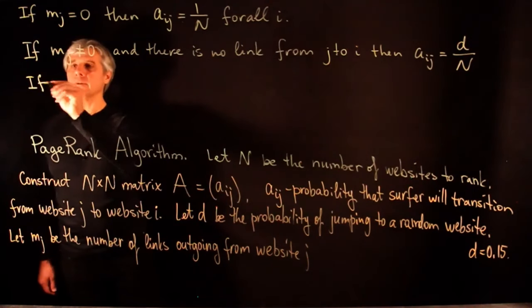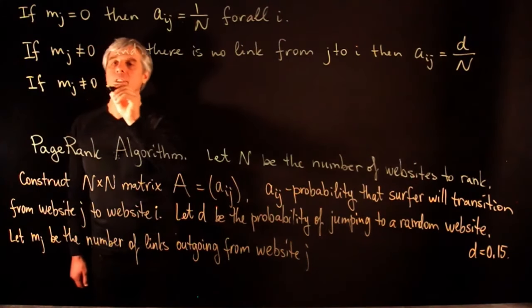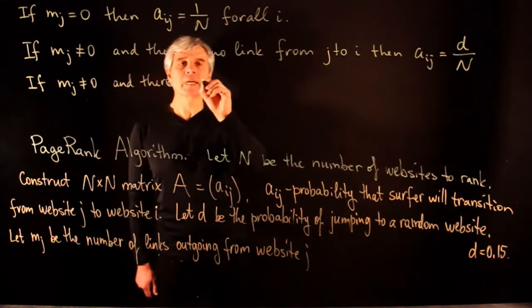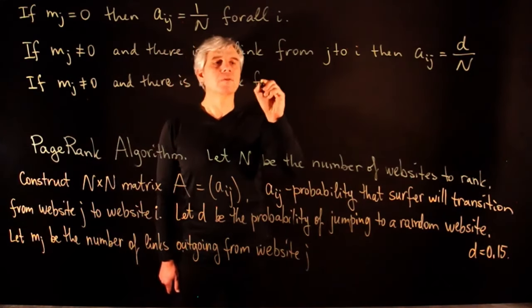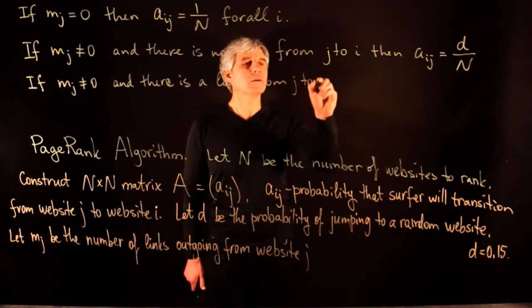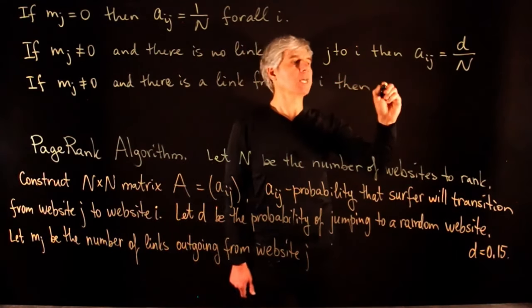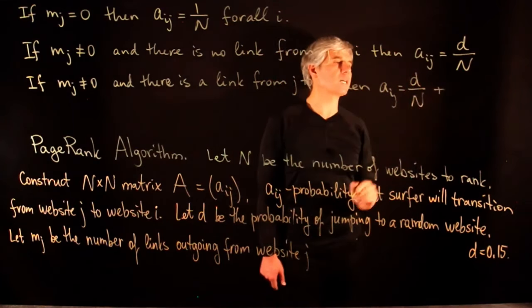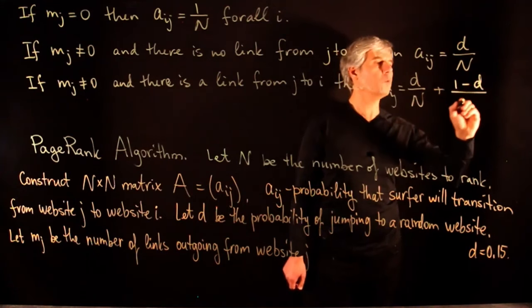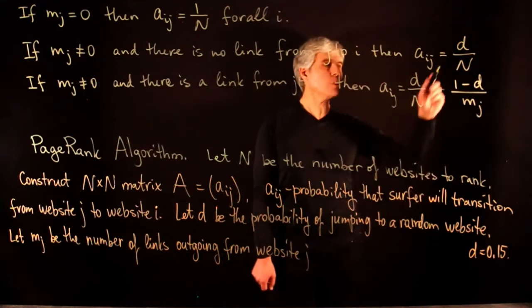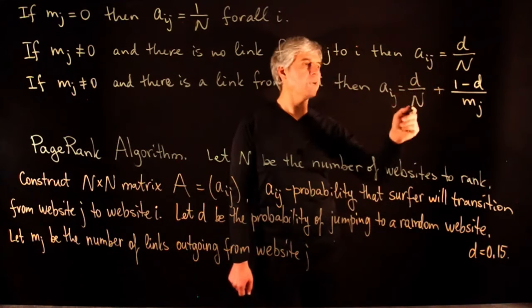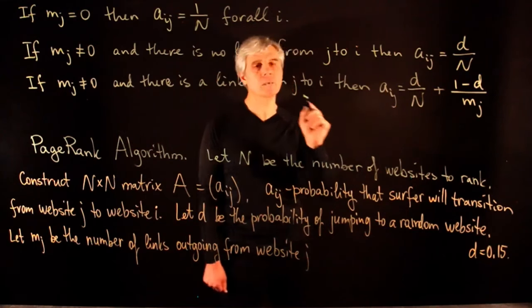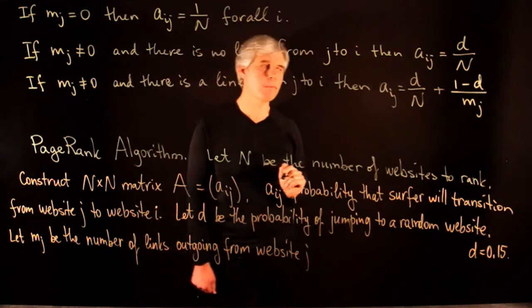And finally, if m_j is not equal to 0 and there is a link from j to i, then a_ij is equal to d over n plus (1 minus d) over m_j. Of course, these numbers d over n are very small, and the values of coefficients a_ij will be much greater if there is a link from j to i.